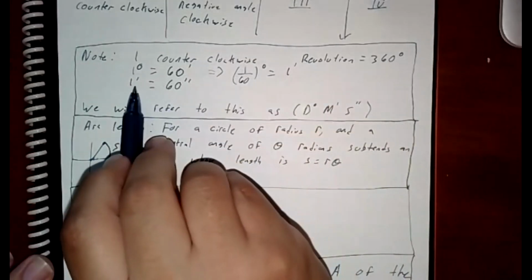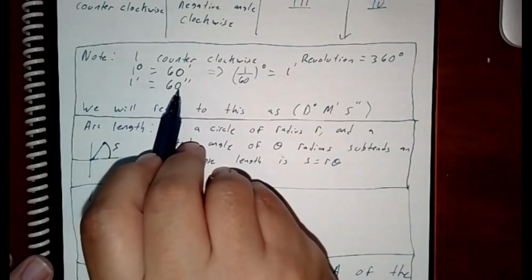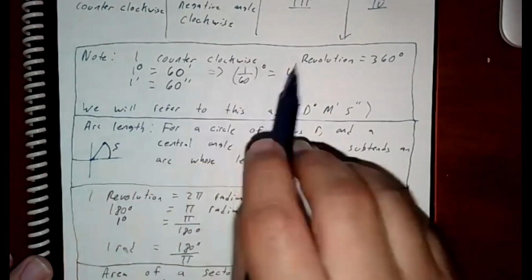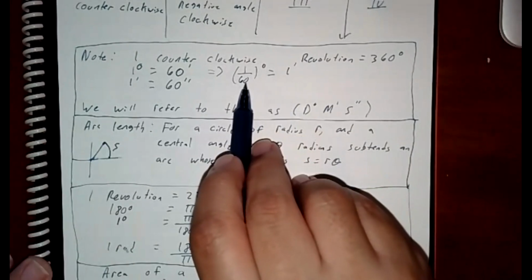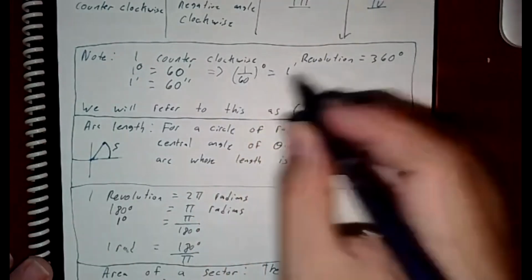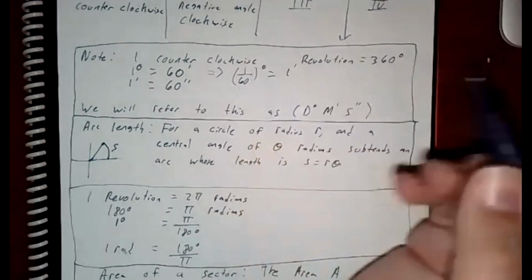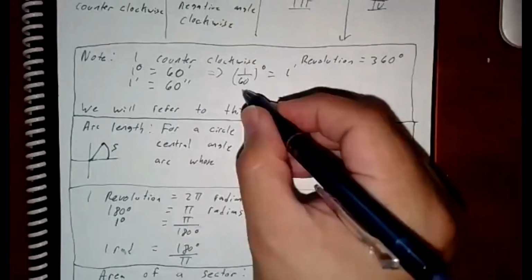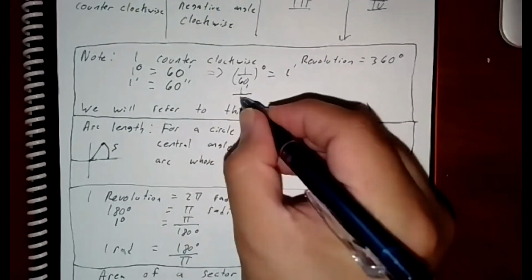So we have 1 minute is equal to 60 seconds, right? But we also know that 1 minute is equal to 1 over 60 degrees. So what we're going to do is use this conversion here. So 1 minute over 60.